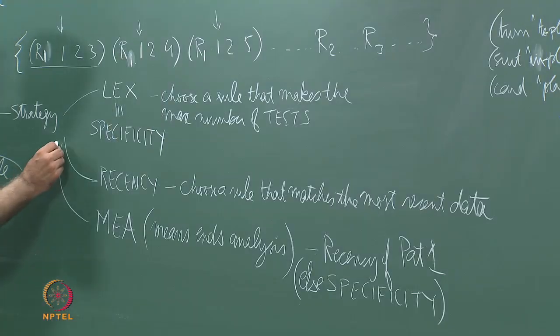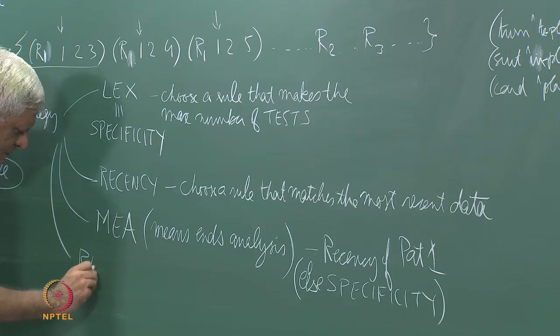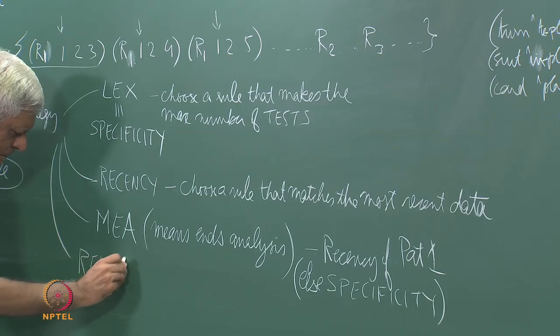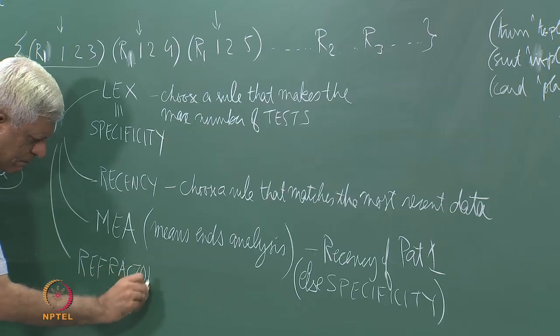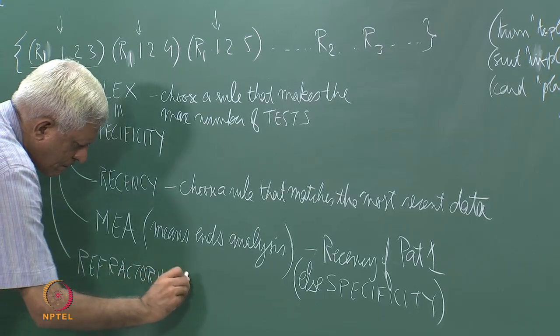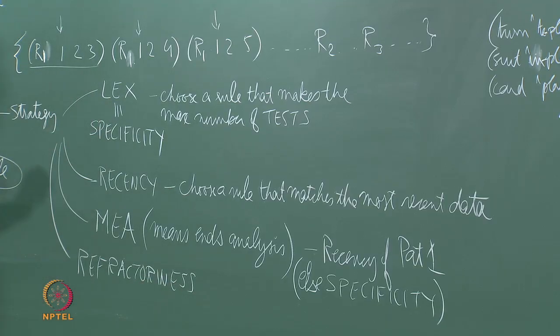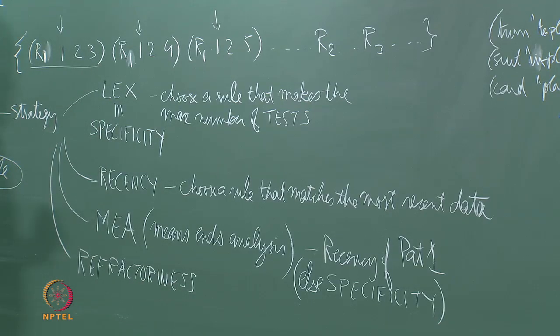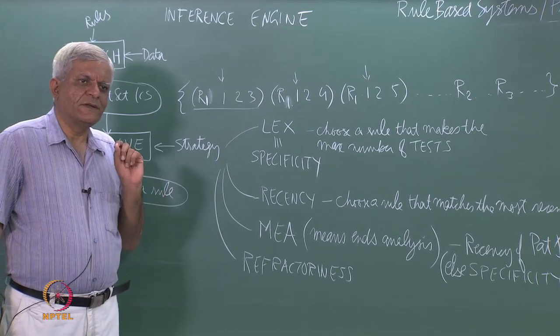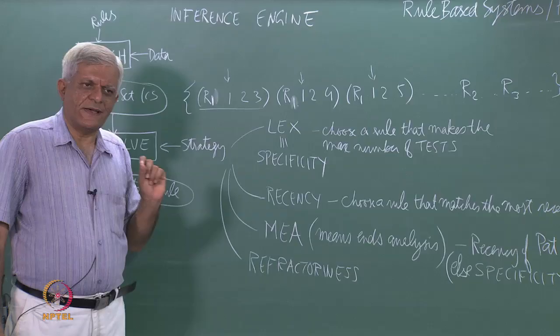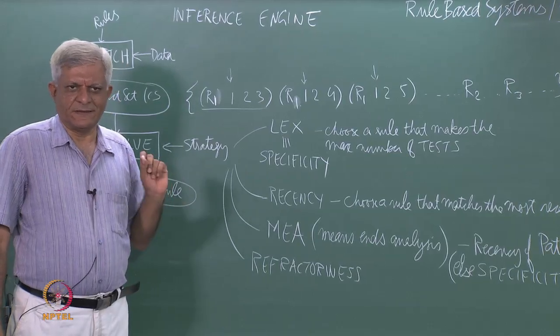Now, one more thing is refractoriness. This simply says that the same rule cannot fire with the same data again essentially.